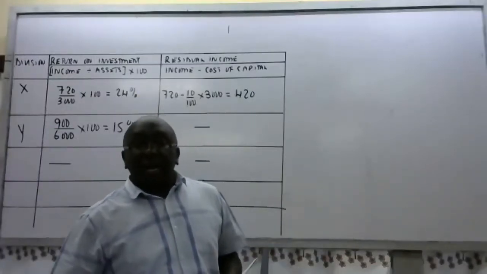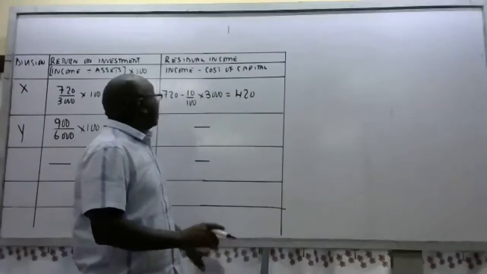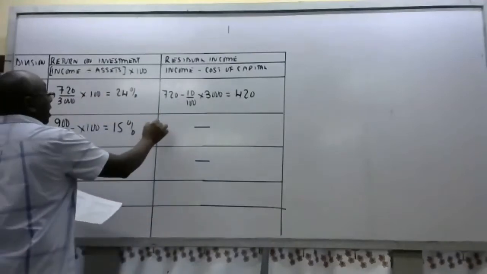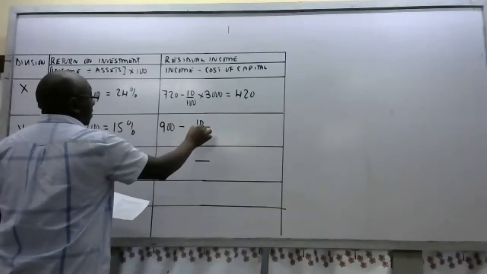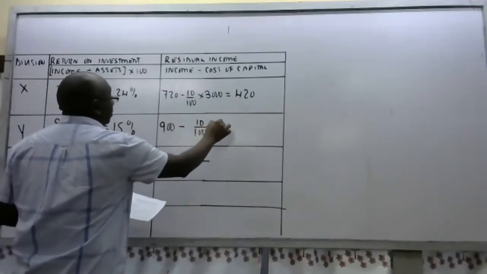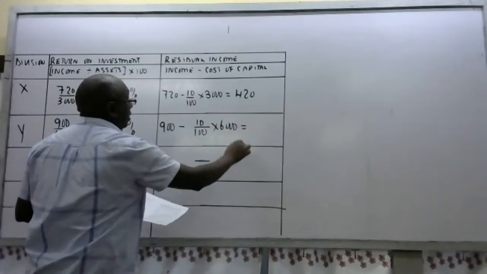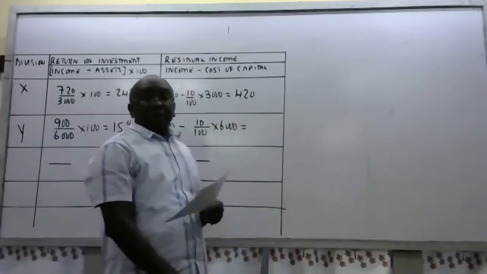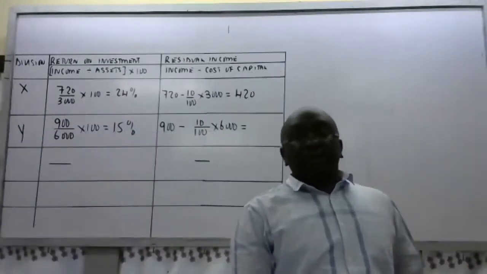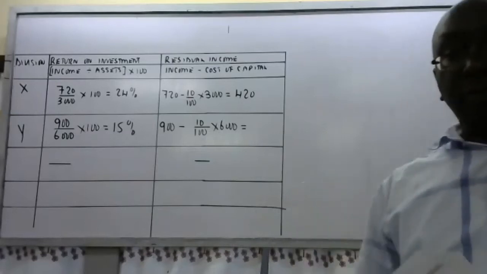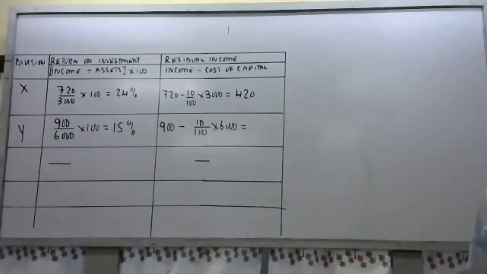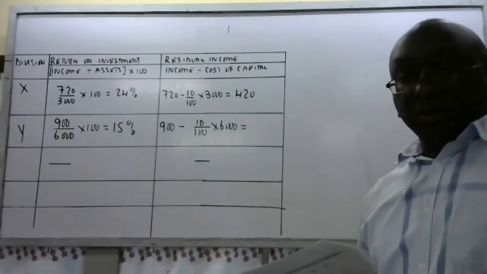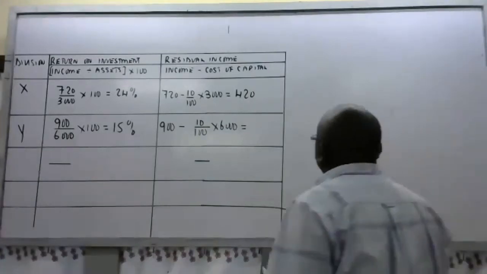Yeah, good, even Jack. On this other side, then we will say it is 900 minus 10% of 6,000. Yeah, June, Churchill, good. 300.